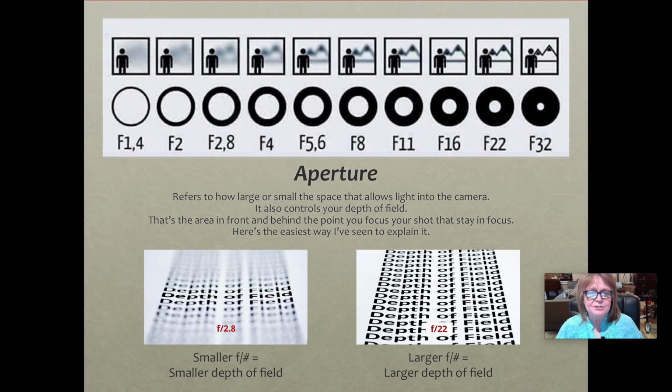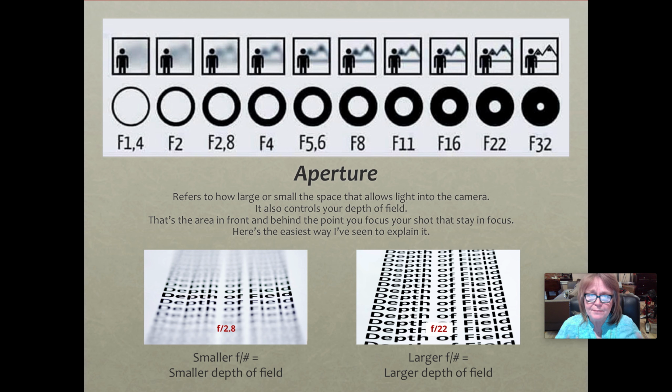Anyway, okay, aperture. Aperture is how wide open or closed your shutter opens when you hit the clicker. Aperture refers to how small or large the space is that allows light into the camera. It also controls your depth of field, which is really important. Depth of field is the area in front of and behind the point where you focus that's either in focus or out of focus.